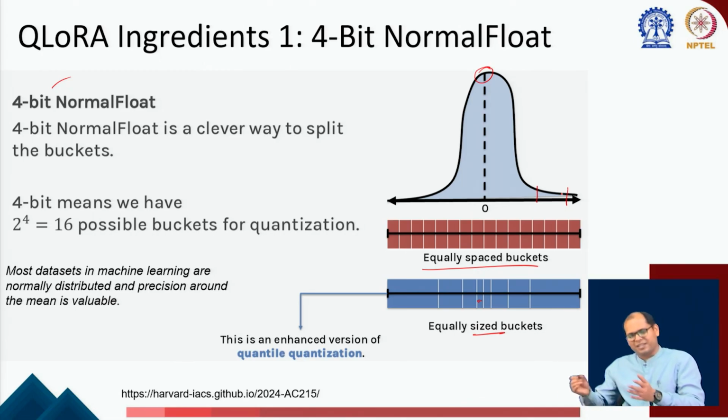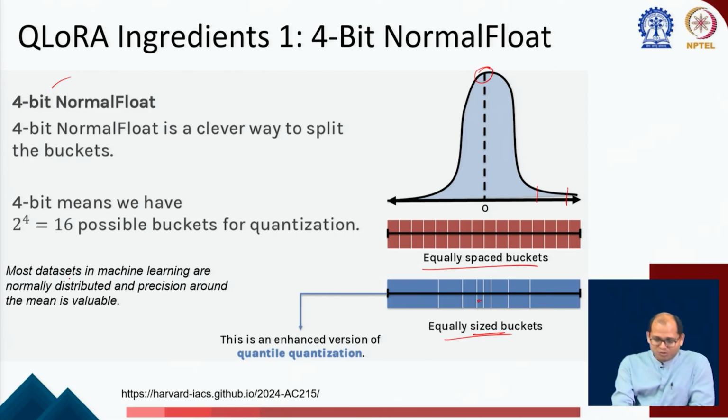And this will help me make a high precision quantization, right? Because if there are too many values, I want a very precise number, but if there are very few values, I can afford to lose precision, right? So that's the idea. I will have equally sized buckets but not equally spaced buckets, because most data sets are normally distributed and precision around the mean is very important.